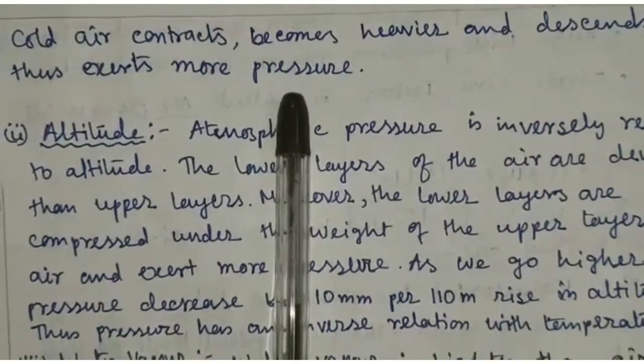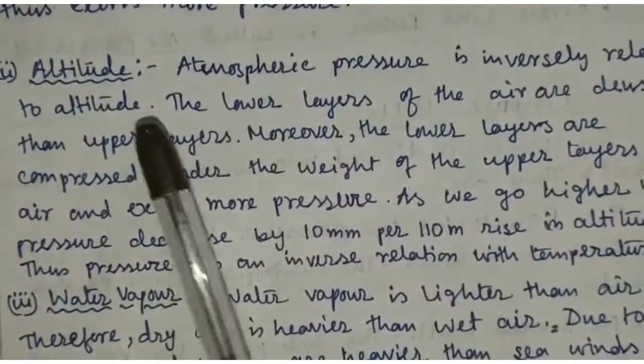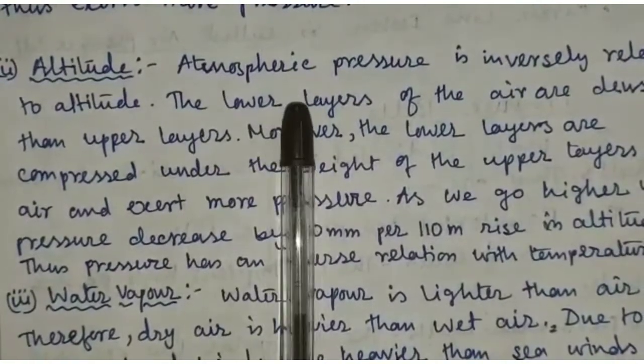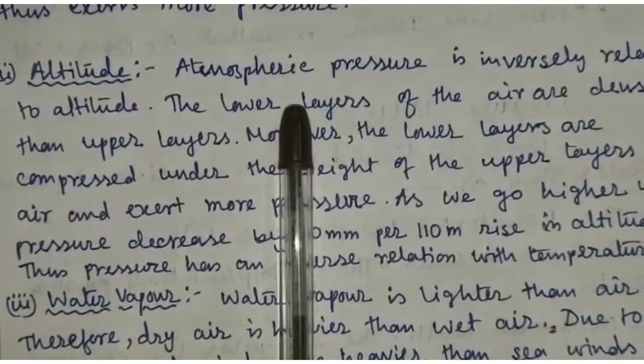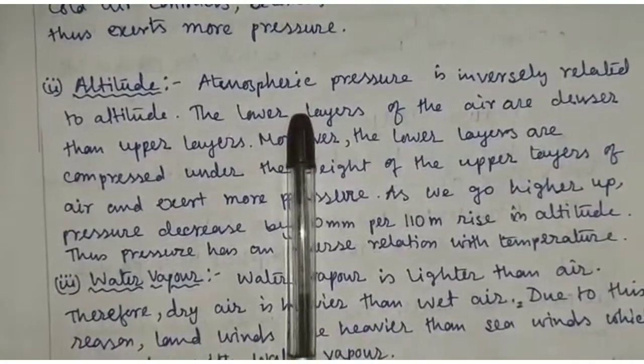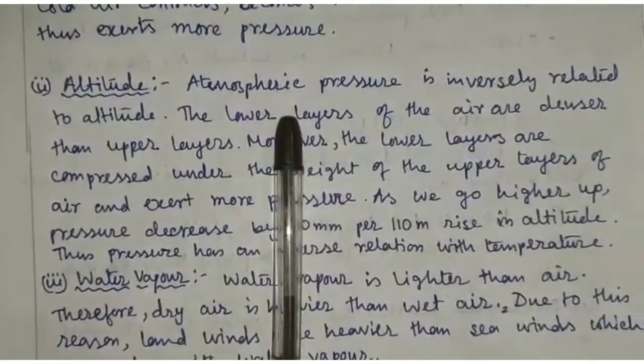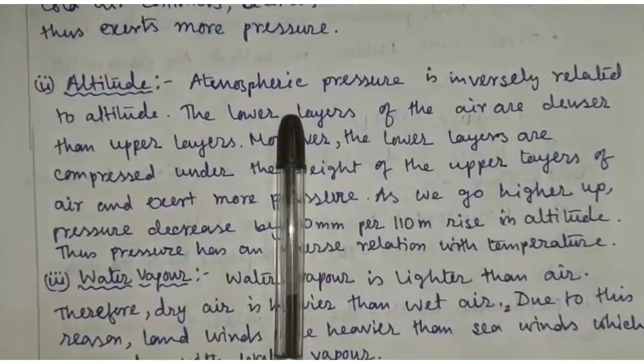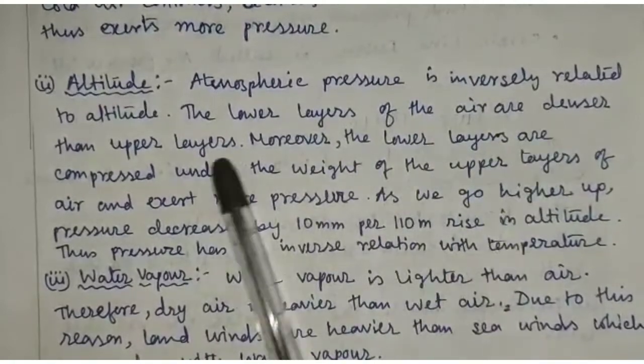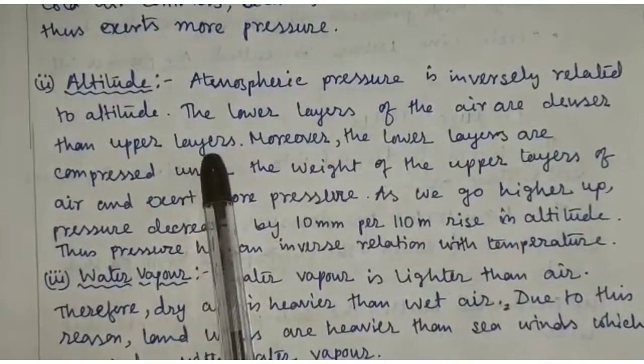Now, point number 2, altitude. Atmospheric pressure is inversely related to altitude. The lower layers of air are dense compared to the upper layers.